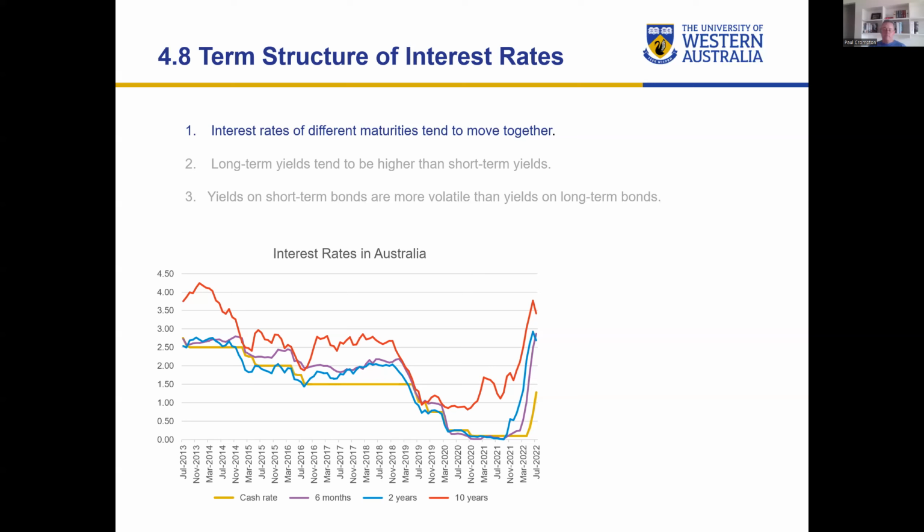So the first causality that we want to identify is between the cash rate and the 6-month rate. What I've been saying so far in this topic and the previous topic, topic 3, is that changes in the cash rate will cause changes in the 6-month interest rate almost 1-for-1. Actually, I should have indicated that the vertical axis is a percentage number.